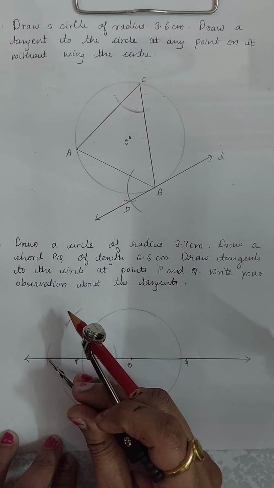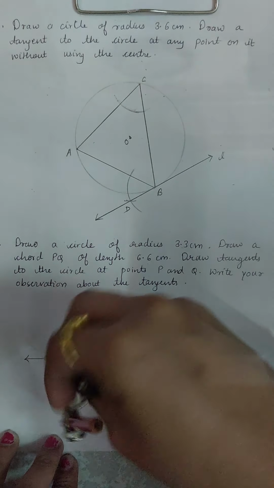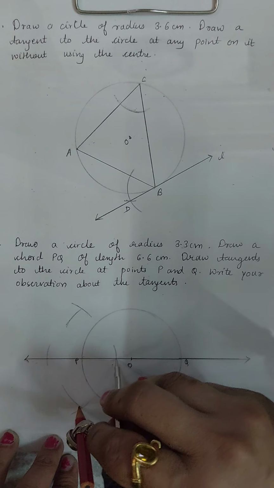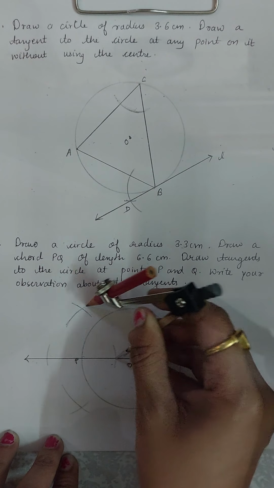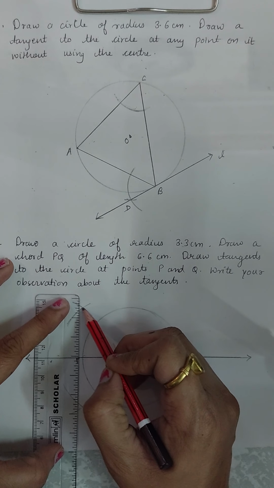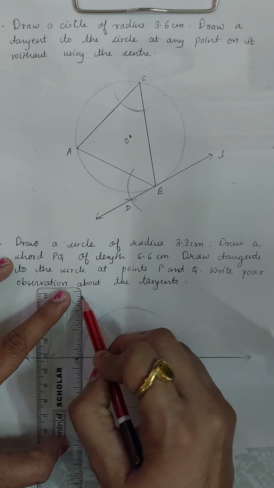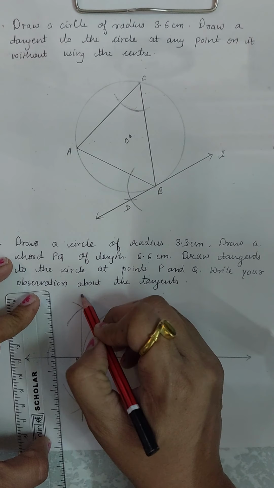Similarly, draw an arc above the line and draw an arc below the line. Okay. So this is how we are going to get our tangent at point P.